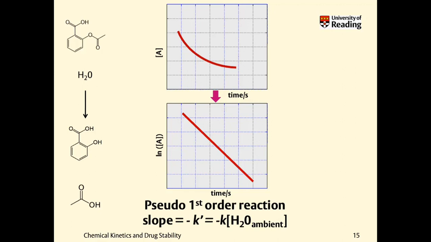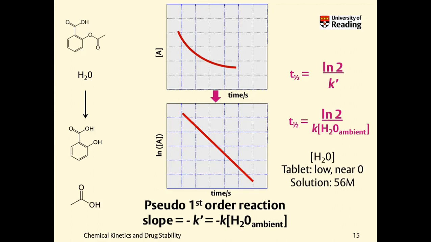Now, as you know, the water from the air is continually replaced, and so the concentration of water in the air is not changing, it is staying constant. And so the reaction has pseudo first order kinetics.